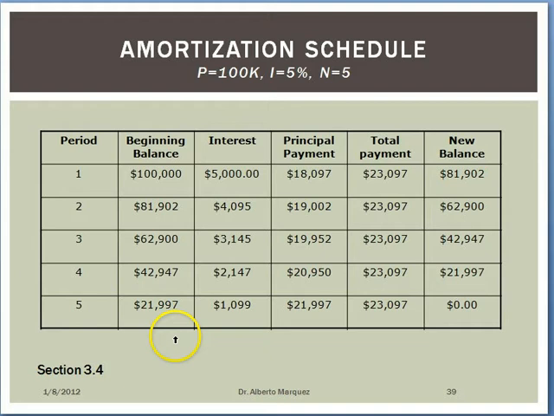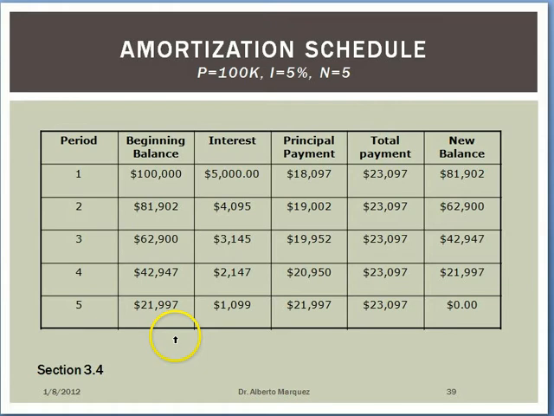Now, as you can see, these tables can be computed row by row, and a computer would be able to do this for us really fast. But we can also find any one of these particular rows without having to resort to the computer. Say, for instance, you're applying these amortization tables to the payment of a mortgage.